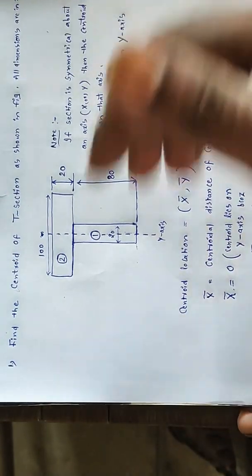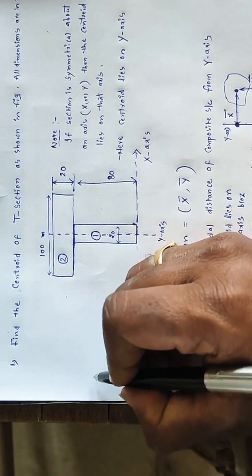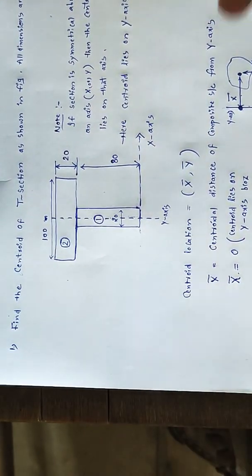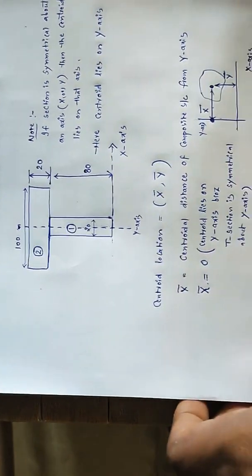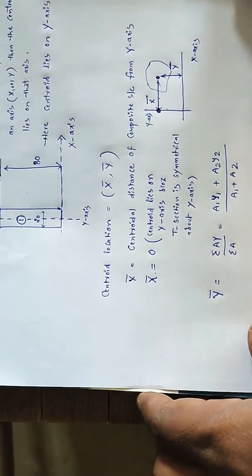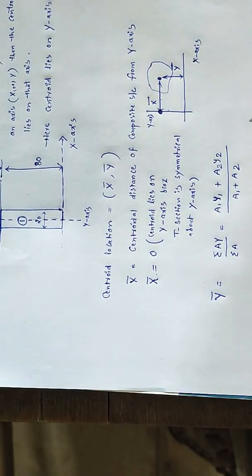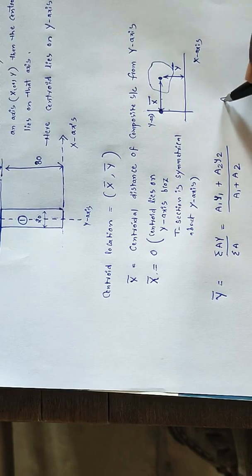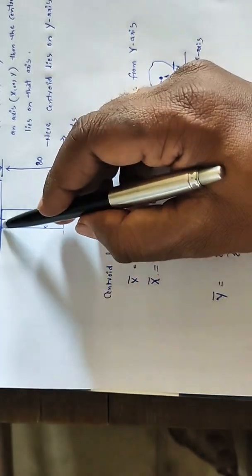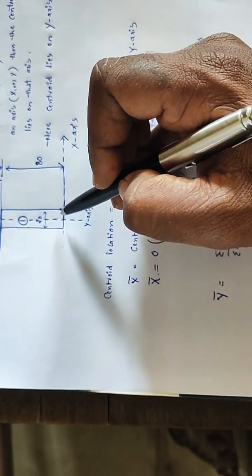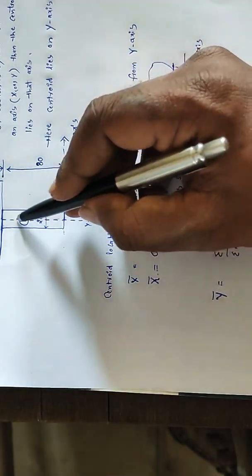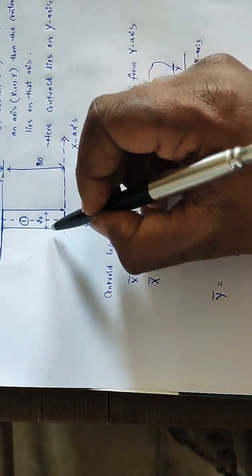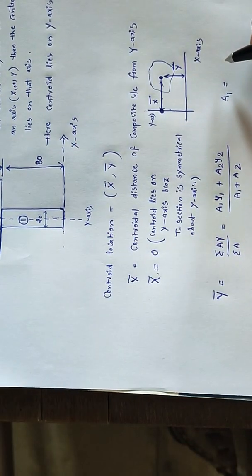So here the areas: the first rectangle area A1 equals this rectangular portion. Here length is 80, width is 20. All dimensions are in mm.